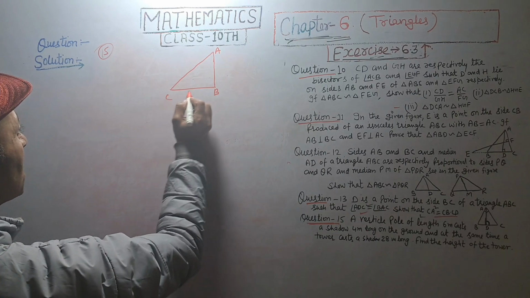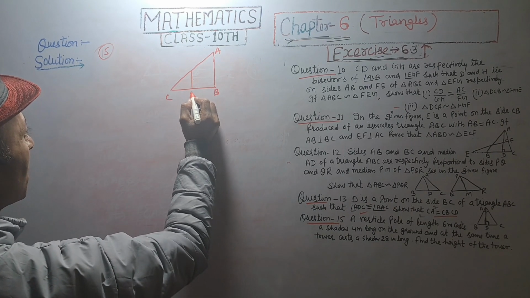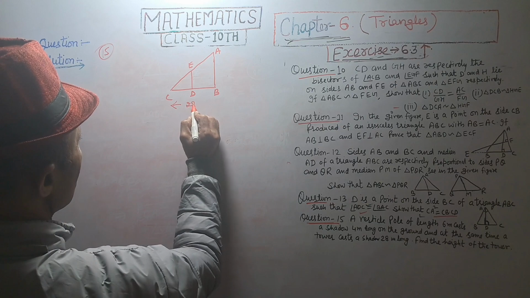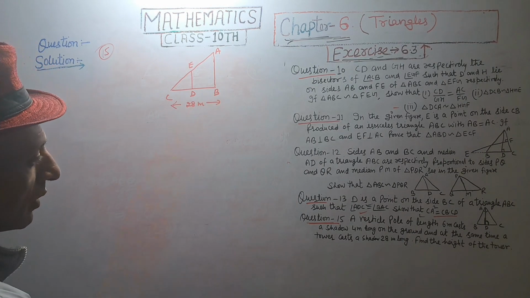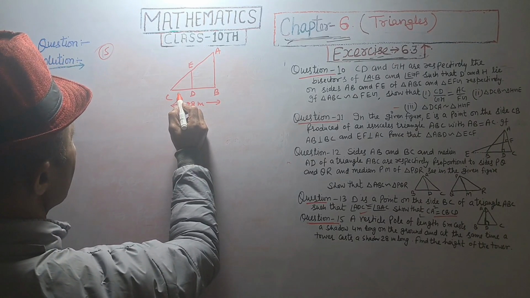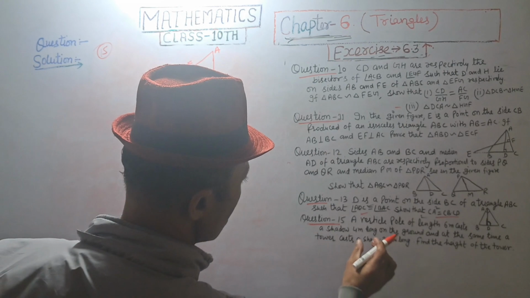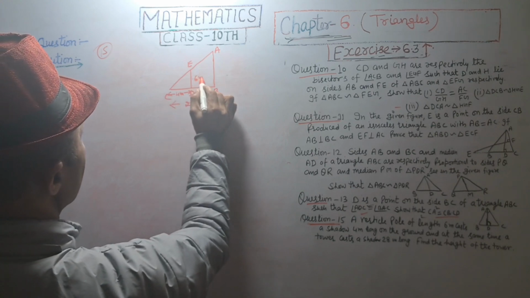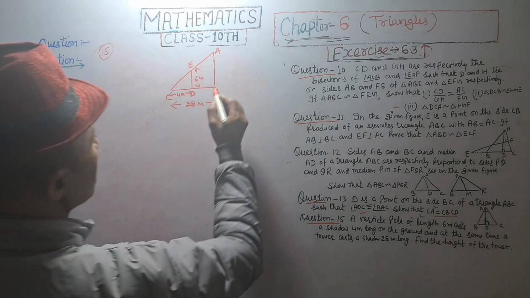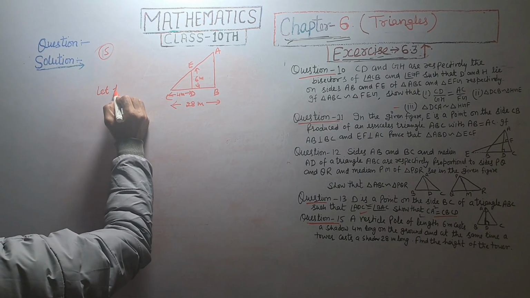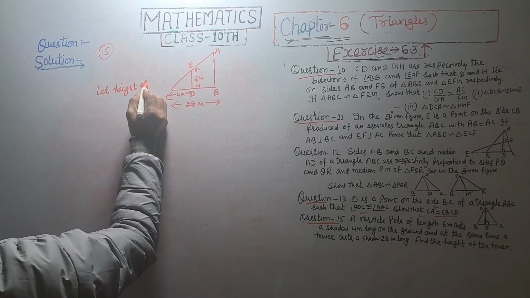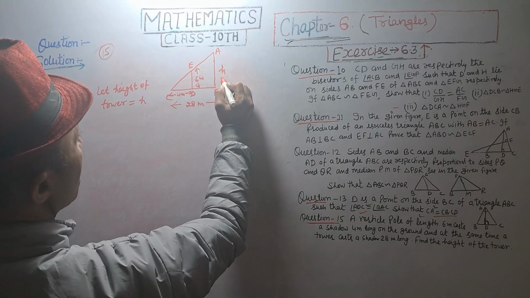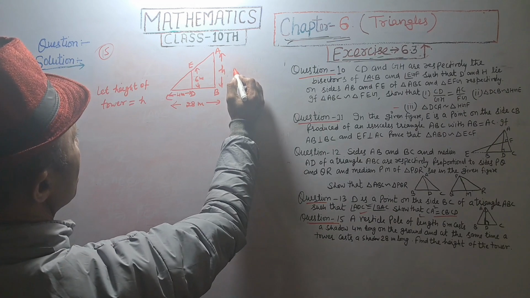A, B, C, D, E. 28 meter, 4 meter, 6 meter. Let height of tower be h meter.